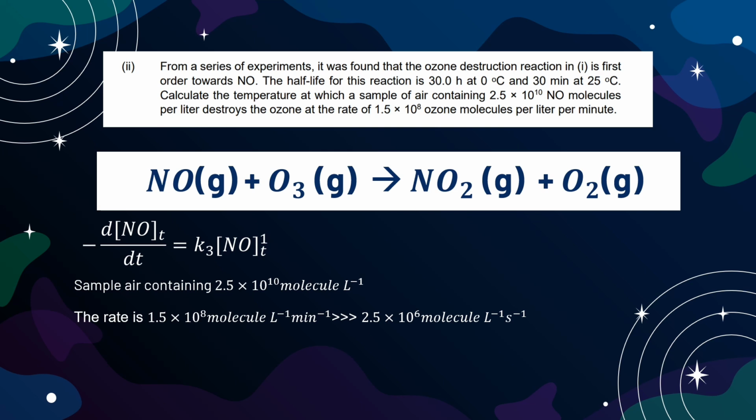The sample of air contains 1.5 times 10 to the power of 10 molecules per liter, and the rate is 1.5 times 10 to the power of 8 molecules per liter per minute. Then we change it to per second, because the value for k before was per second. So we get 1.5 times 10 to the power of 6.